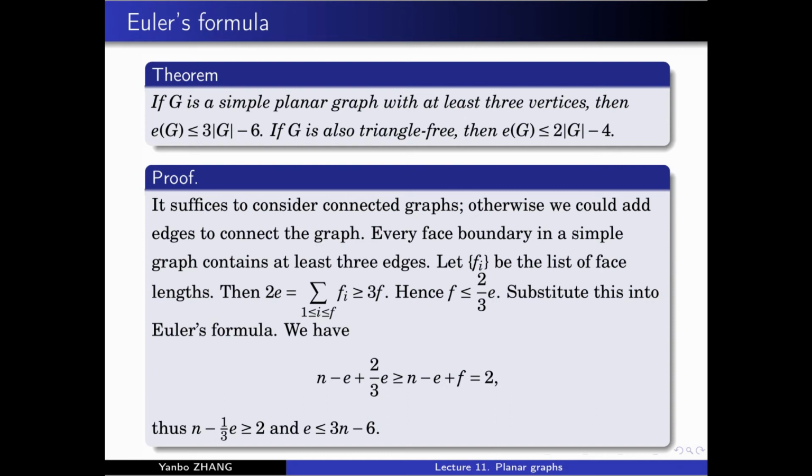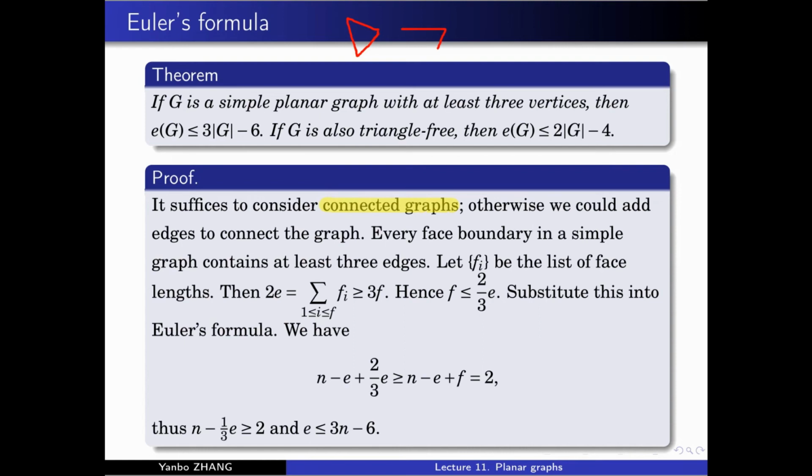We first prove e(G) is less than or equal to 3n(G) minus 6. It suffices to consider connected graphs. Otherwise, we can add edges to connect the graph. For example, this is a non-connected graph.